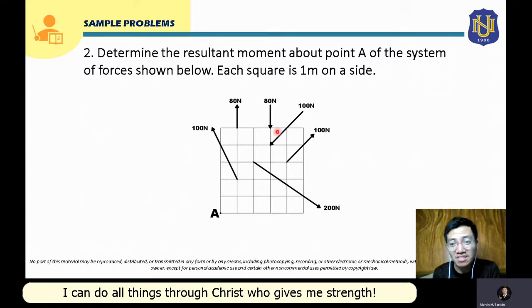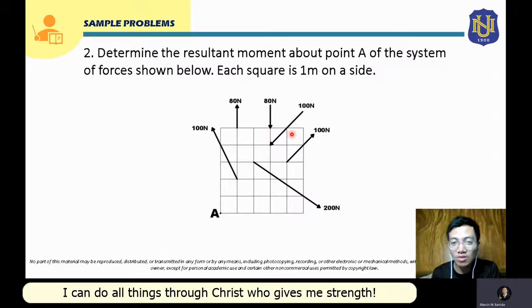So from here we can say that these two 80 Newton forces are a couple. If we know the concept of a couple, we know that the moment of these two forces will be the same at any point, right?